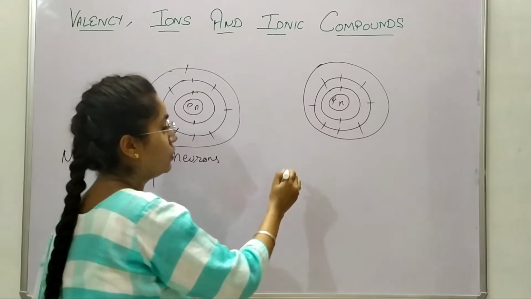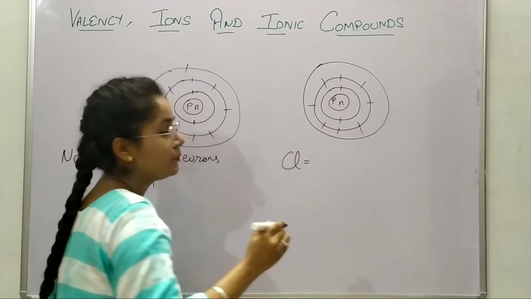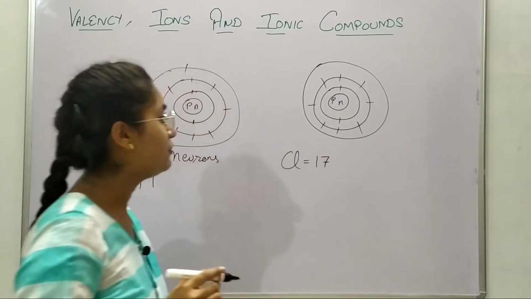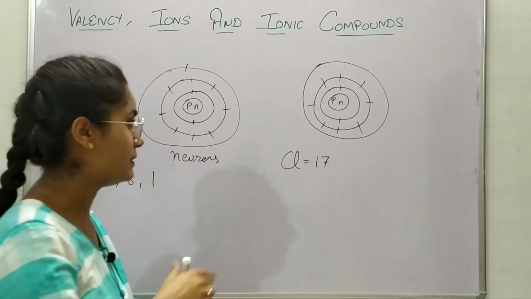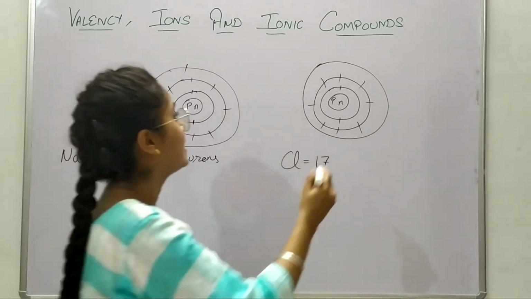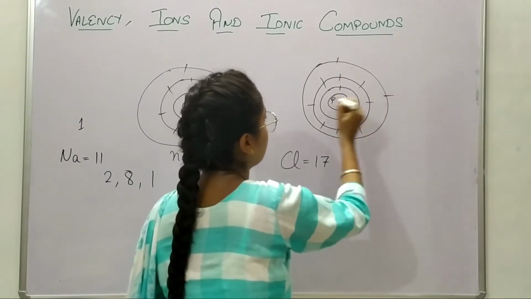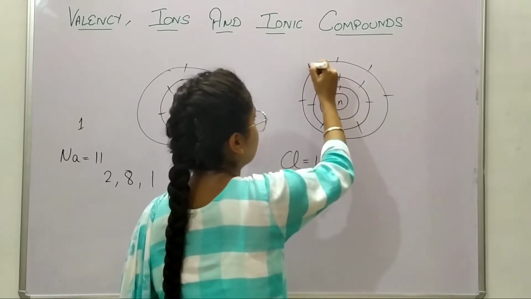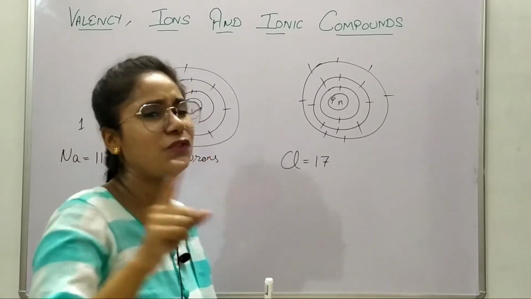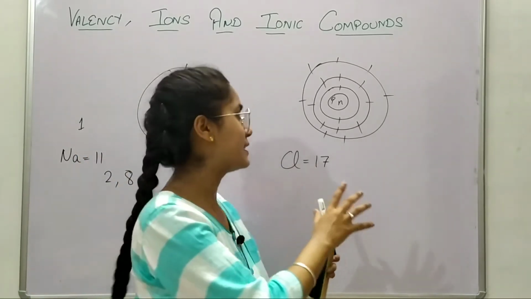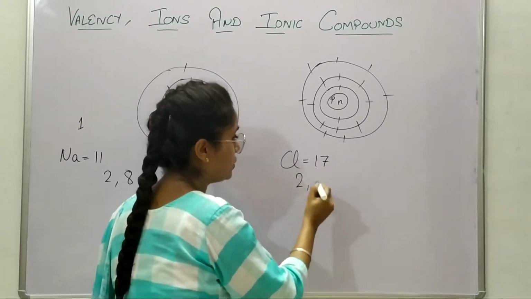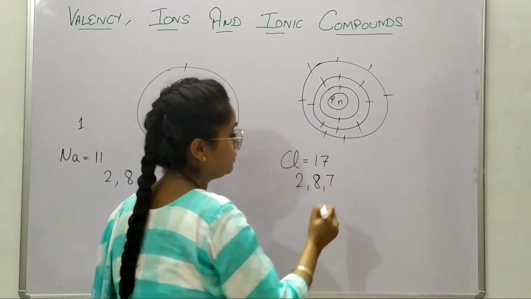Well, chlorine has atomic number of 17, so it has 17 protons. That means it has 17 electrons. So 1, 2, 3, 4, 5, 6 and 7. So the deficiency of only 1 electron makes it unstable. So its electronic configuration would be 2, 8, 7.